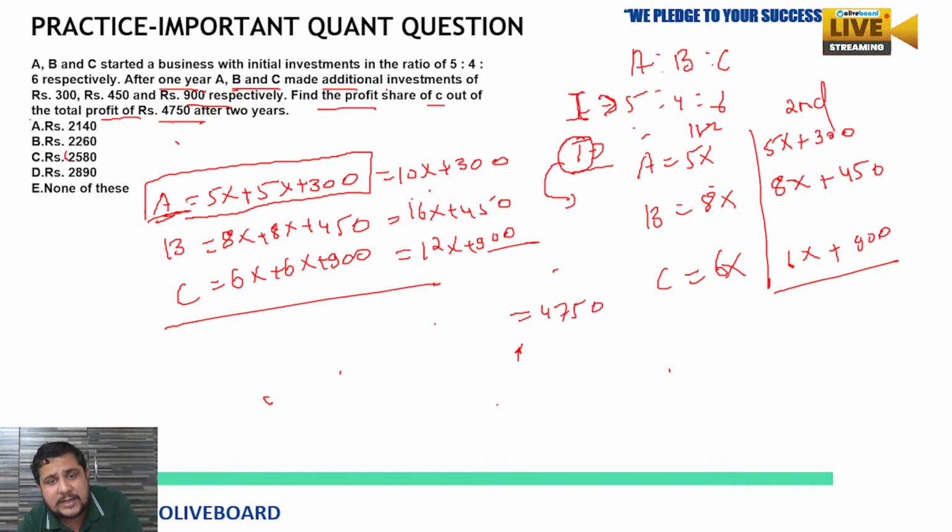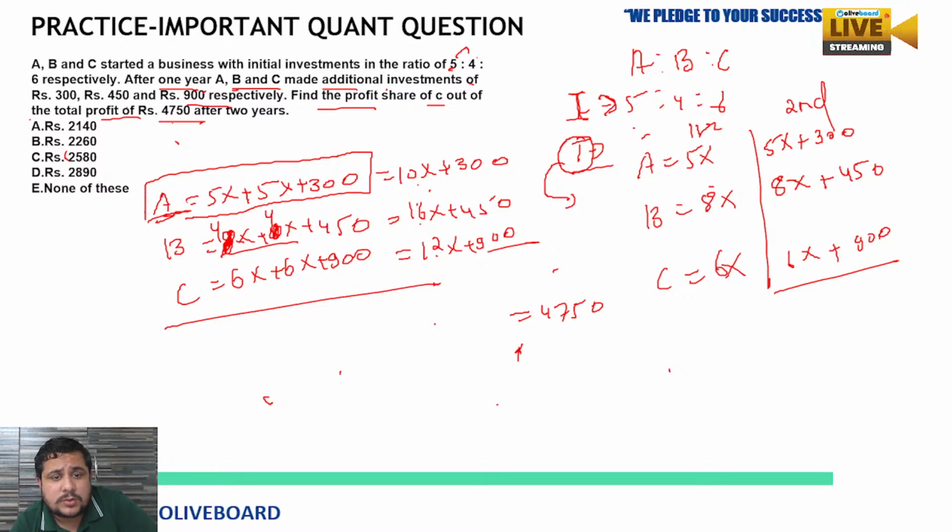Now take all the values: 10x plus 16x plus 12x. So it must be what? 4x, 4x, 10x. Clear? So B's investment, I have made some error. 4x, right?